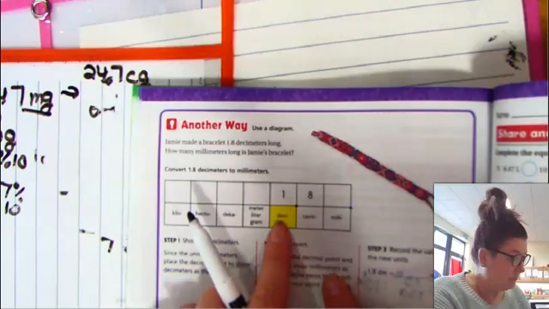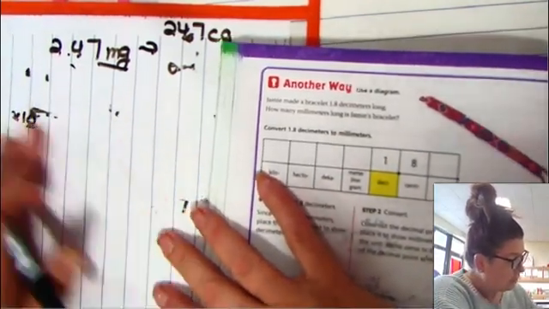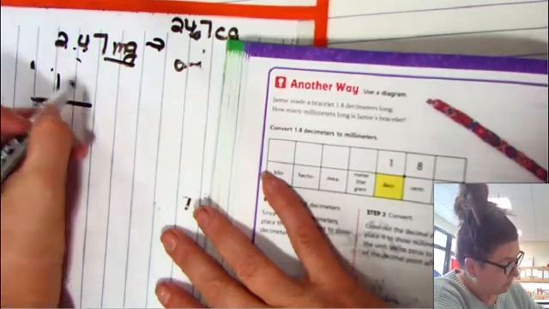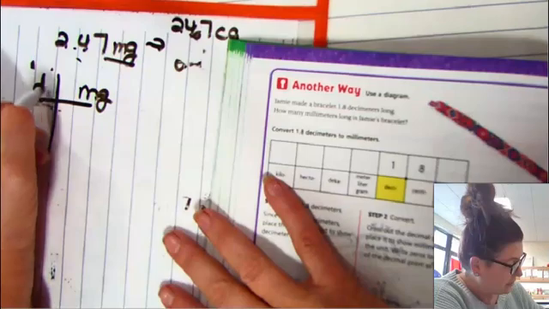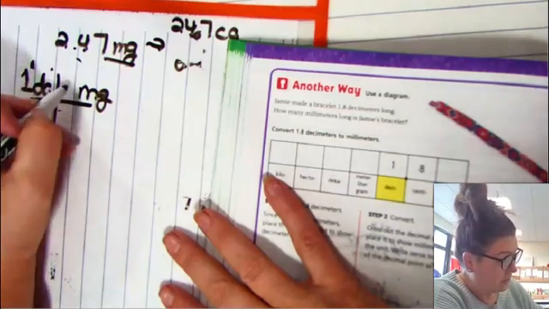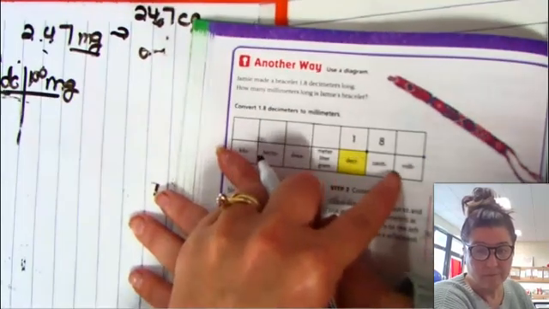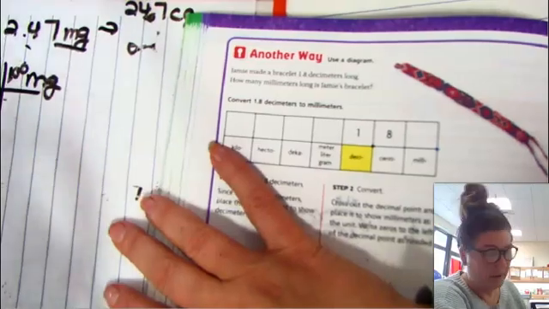to make a decigram. So I could use my T-chart again, or I could use the conversion I have, and I'm going from milligrams to decigrams. So 1 decigram is equal to 100 milligrams, right? 10 to make a centigram, 10 to make a decigram.